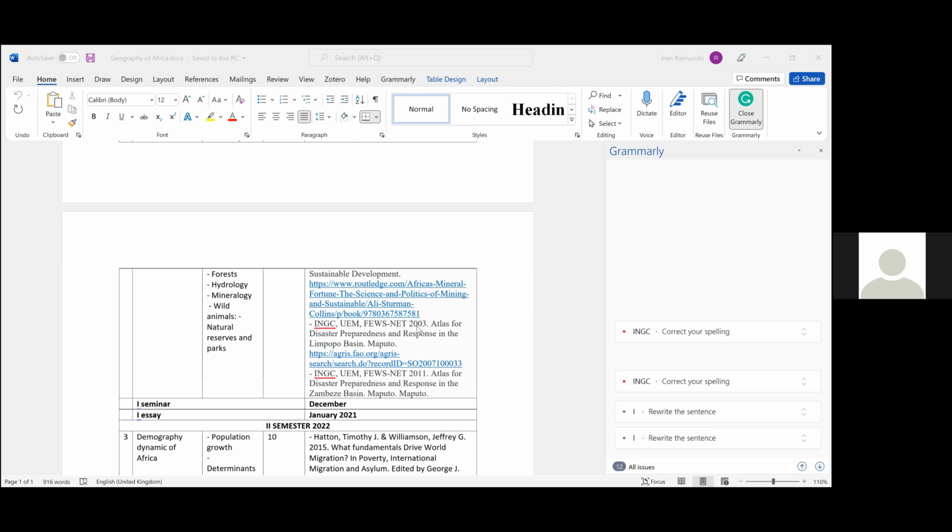The first one, in 2003, is the Atlas for Disaster Preparedness and Response in the Limpopo Basin. Limpopo is a regional river in Southern Africa that once in a while creates a problem. As I said, it's an ambivalent river because it can bring happiness or sadness.